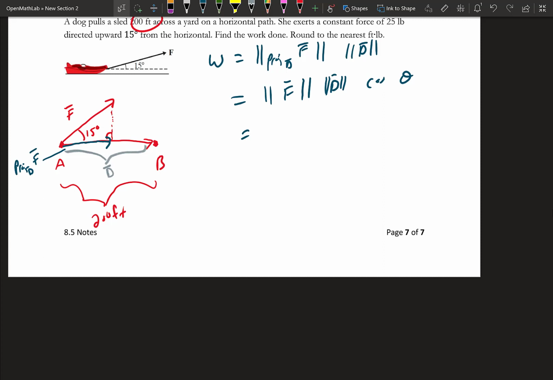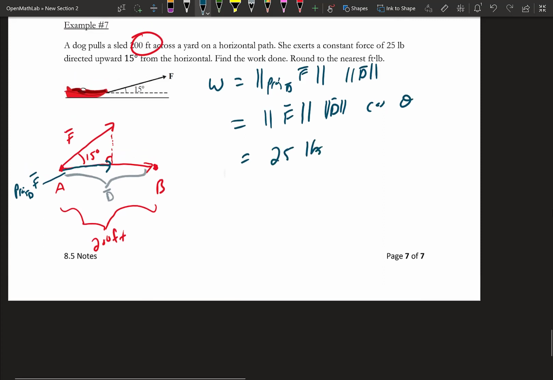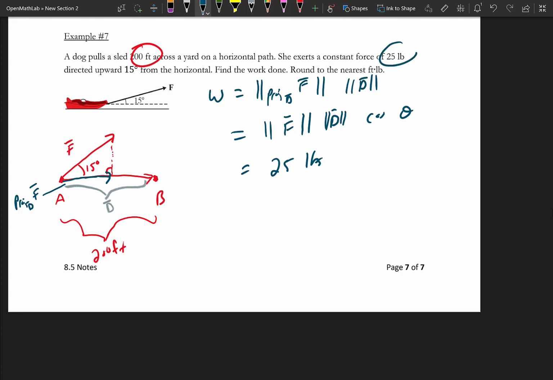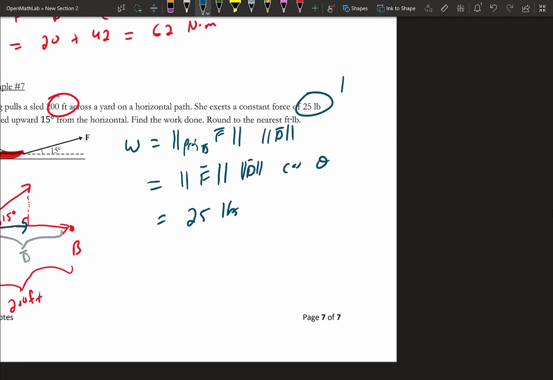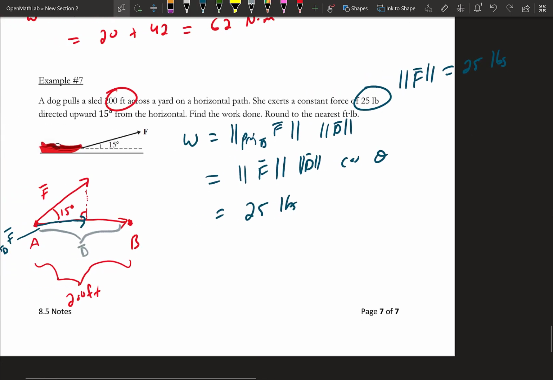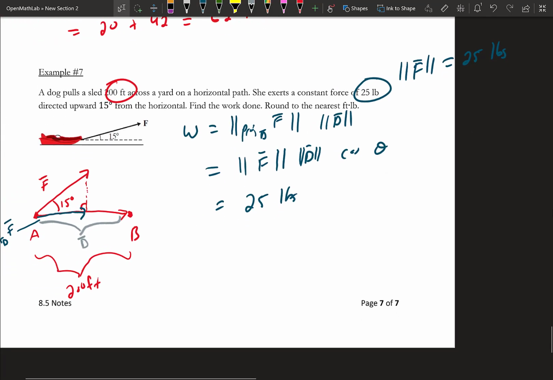So then we get 25 pounds, right? So this part here, she exerts a constant force of 25 pounds. So what that tells me is that the modulus of vector F is equal to 25 pounds. And then of course vector D, the displacement vector, is going to be equal to 200 feet.